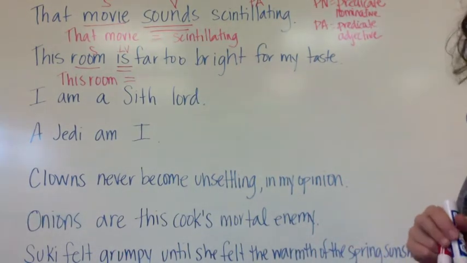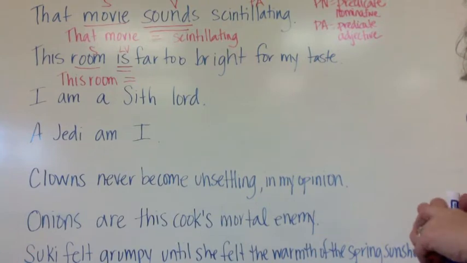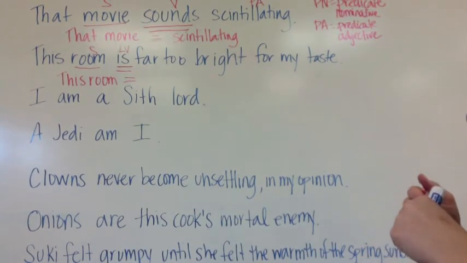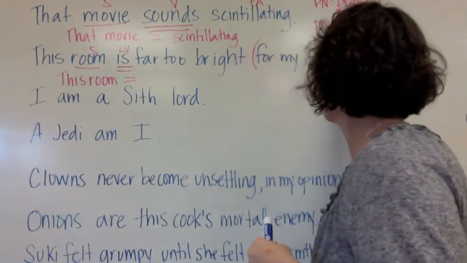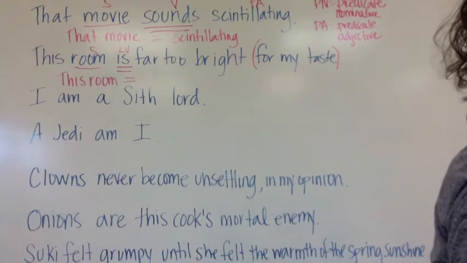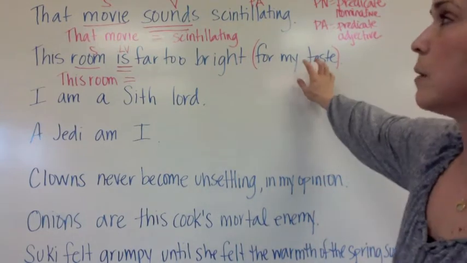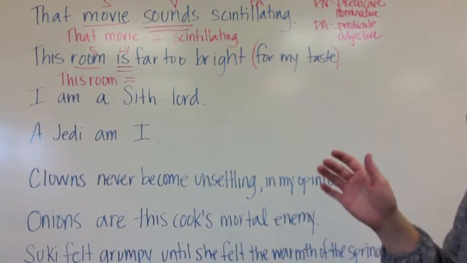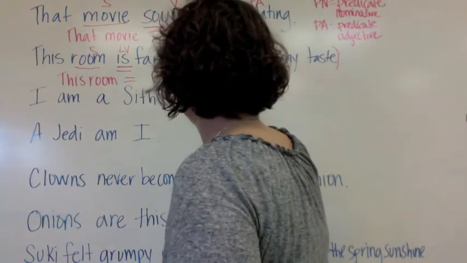Well, I actually have a lot of stuff back there. This room is far too bright for my taste. This might be a good moment to pause and remind ourselves what's a prepositional phrase. We have one, for my taste. The subject complement is generally not going to be inside of a prepositional phrase either. So we're not worried about this anymore. So what is it? The room equals far too bright. Well, the core of that is bright.